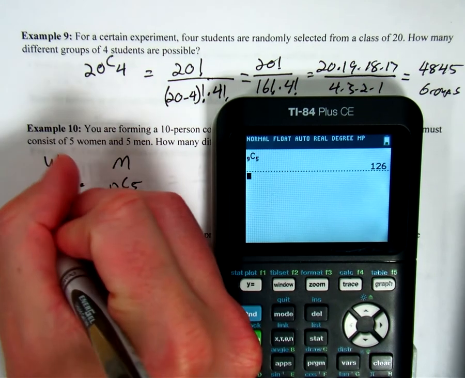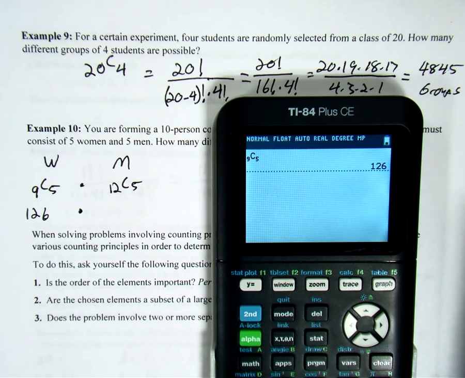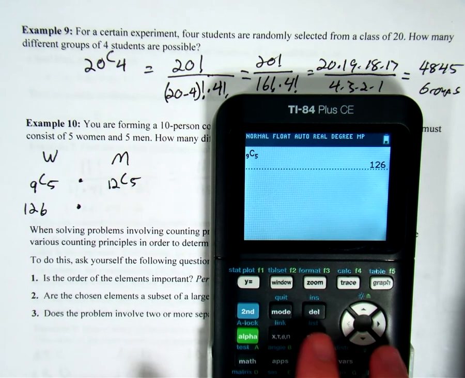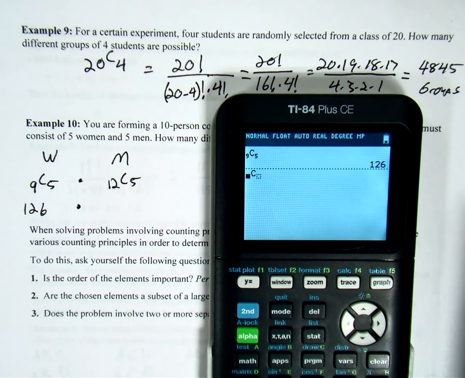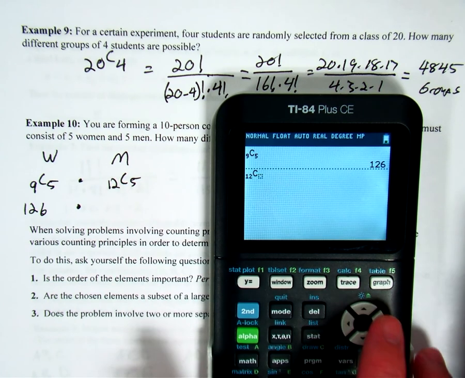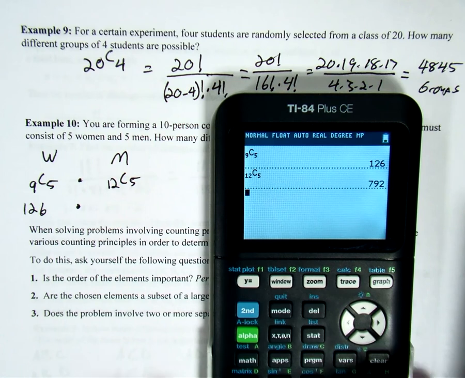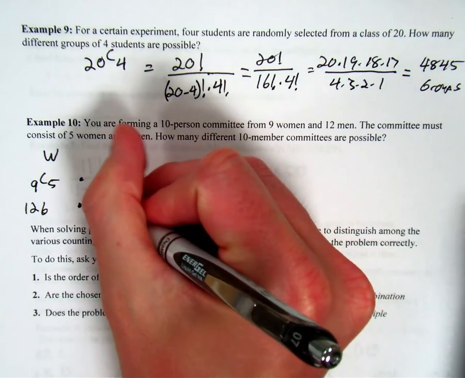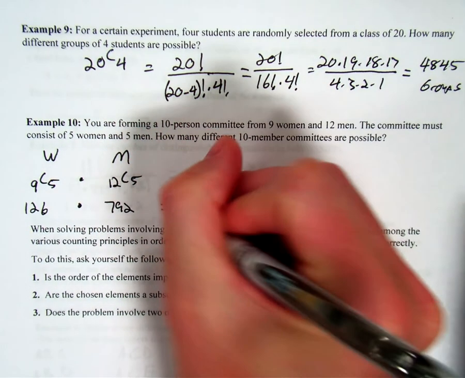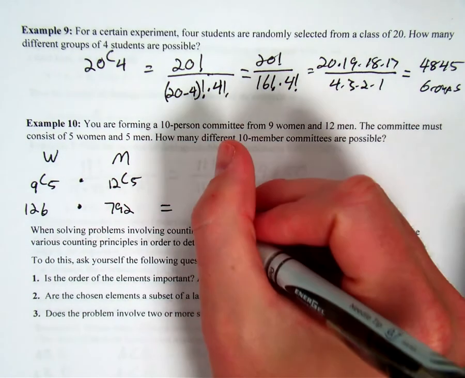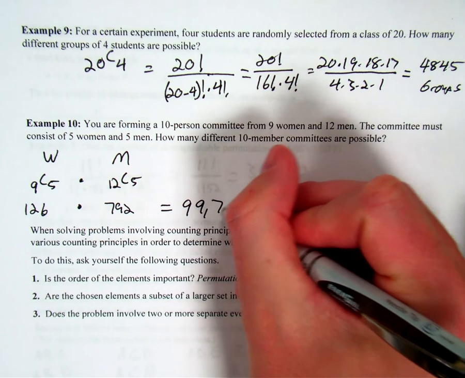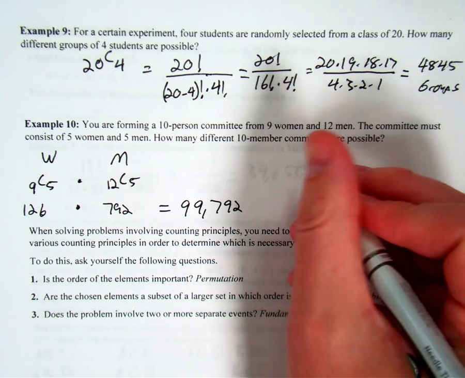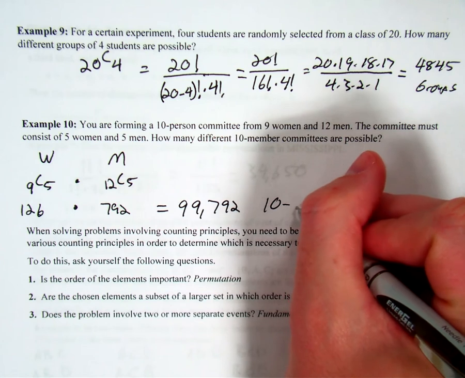And then Math, Probability, and we have 12C5 for 792. Multiply those together, and there are 99,792 different 10-person committees that we can come up with.